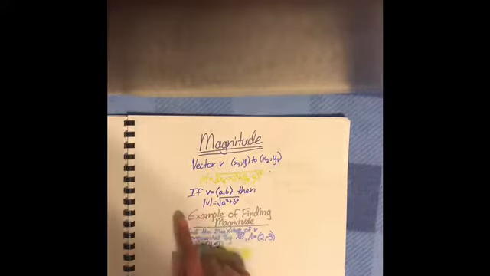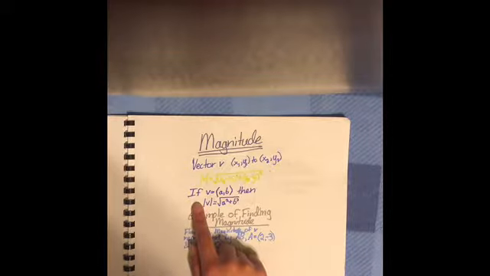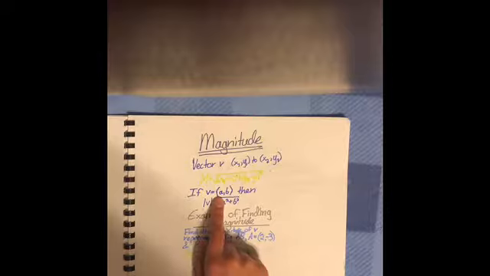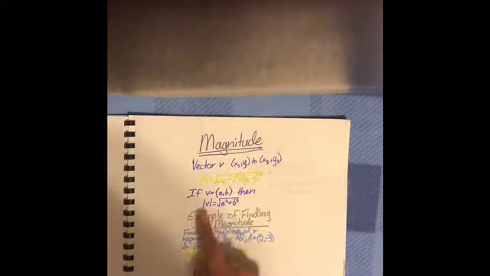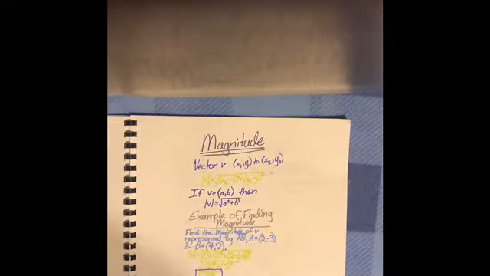Very similar to other formulas that you've seen before. And if V equals the ordered pair A comma B, then the absolute value of V equals the square root of A squared plus B squared.